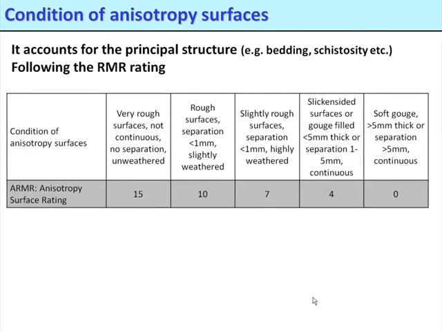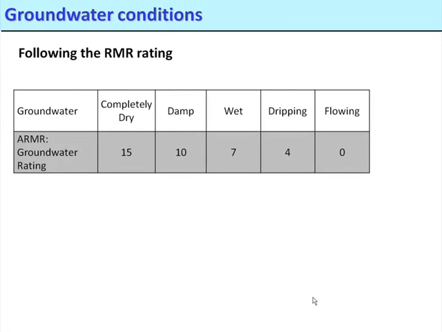The condition of anisotropy surfaces refers to the principal structures, so the principal anisotropy planes, and it follows the RMR rating. Practically, for very rough surfaces we have the highest rating value, and for poor conditions like soft, gouge-filled anisotropy planes, we have the lowest value.